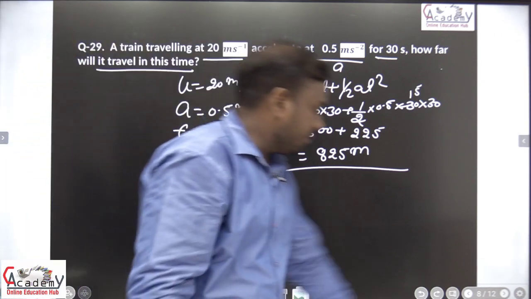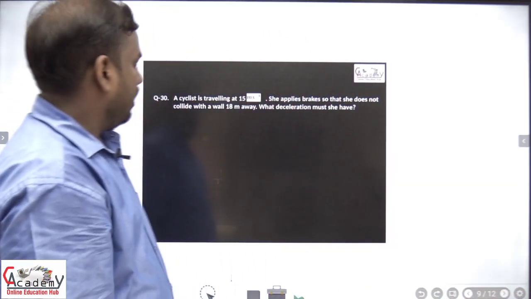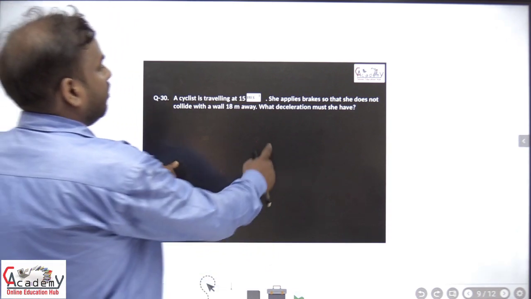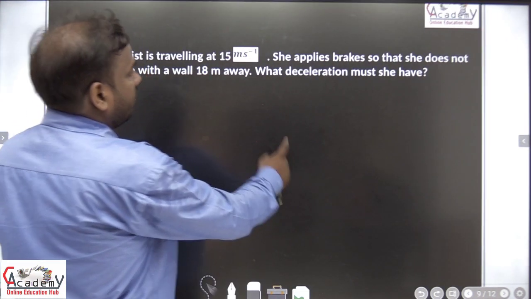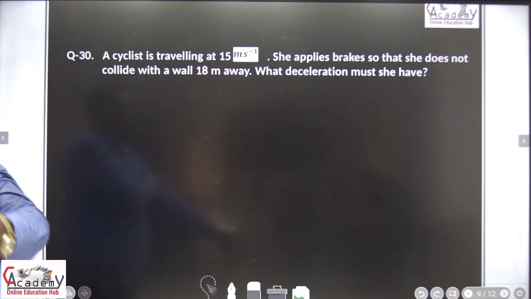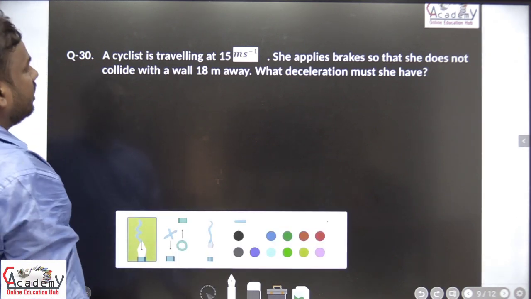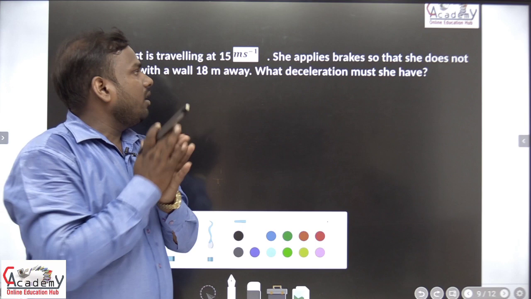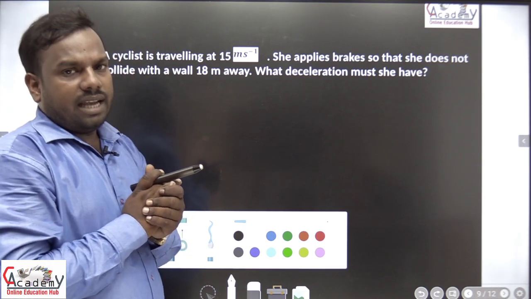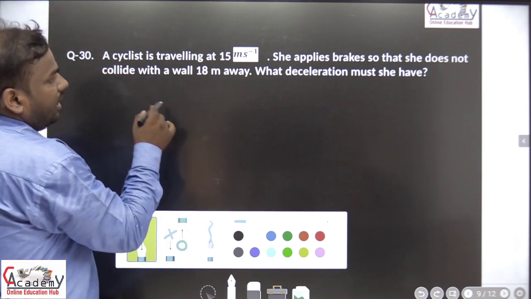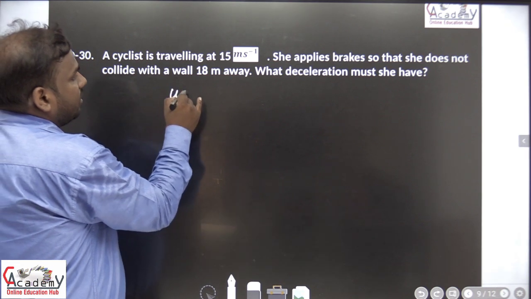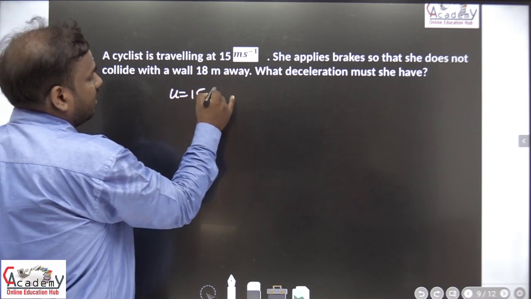Okay. Now question number 30, which is related to deceleration. A cyclist travels at 15 meter per second, means that is the initial velocity, 15 meter per second.